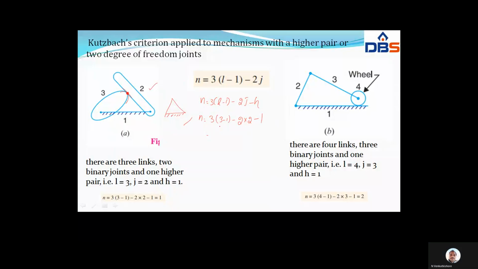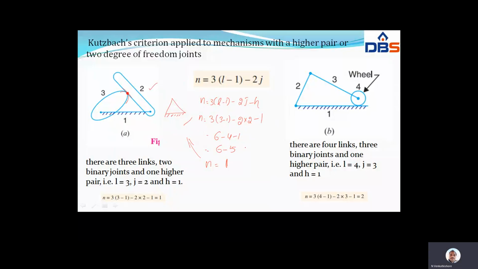So 3 into 2, 6 minus 4 minus 1. So 6 minus 4, that is equals to 1. So in this case, 1 degree of freedom.